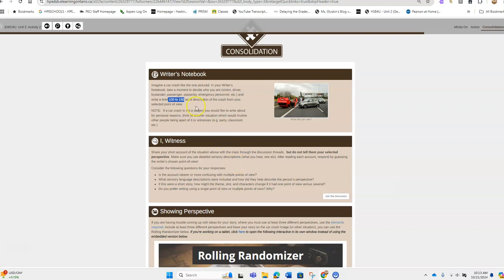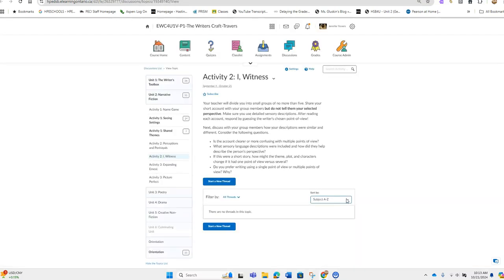And so when you write your 100 to 150 word account, you're going to go to the discussion. I haven't posted them yet, but you're going to see all the different groups with the names listed. And you're going to go into your group and start a new post within that thread with your account.